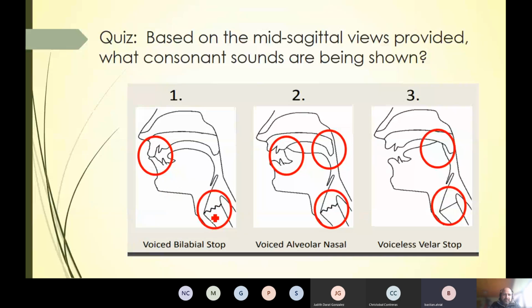B. Exactly, the sound v, because it is voiced, right? And you're using the upper teeth and the bottom lip, right? That would be the trick here. Okay.